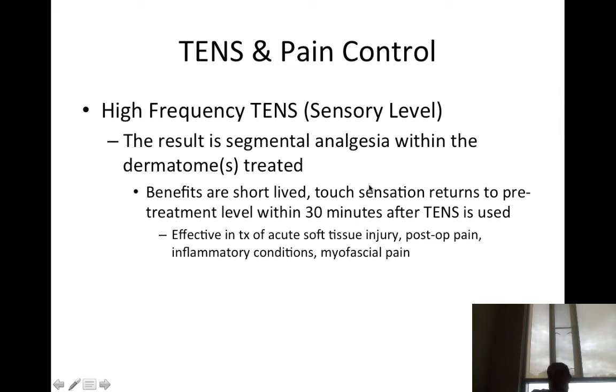So dermatomes, this is my C5 dermatome, C6, C7, C8, T1, right? Benefits are short-lived. Touch sensation returns to pre-treatment levels within 30 minutes. Effective in treatment of acute soft tissue injury, post-op pain, inflammatory conditions, myofascial pain, but it's short-lived.